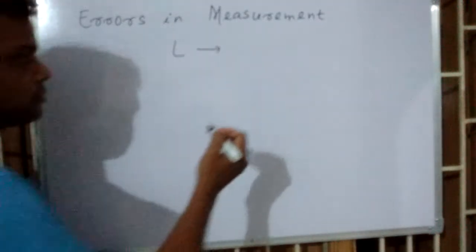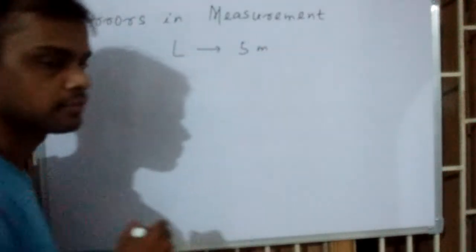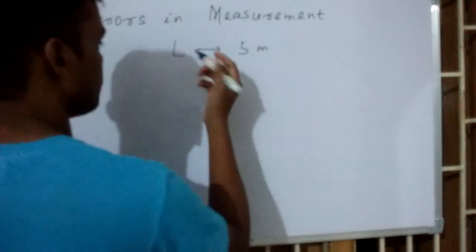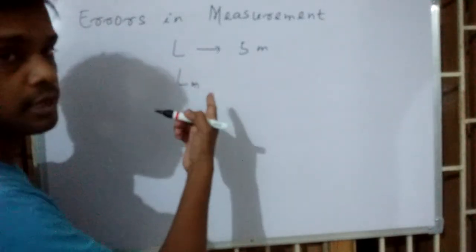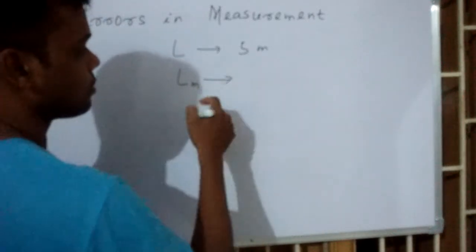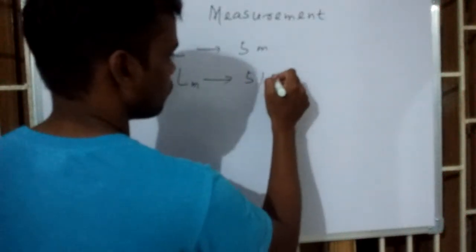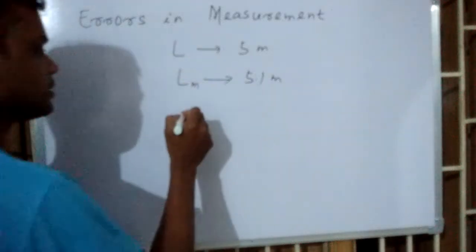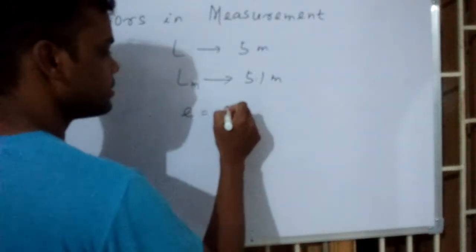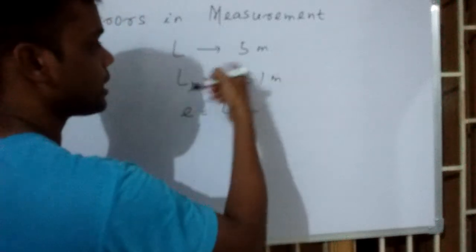Whose actual value is 5 meter. Somebody measured it and found, let it be LM, the measured value, as 5.1 meter. Okay. Now error is very simple: E is equal to measured value minus actual value.